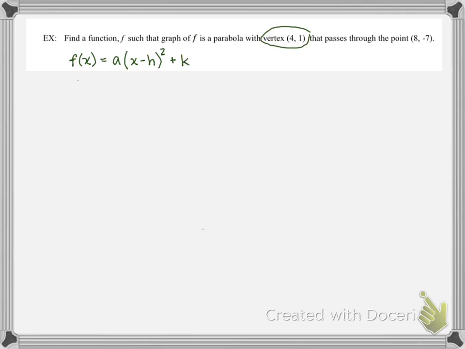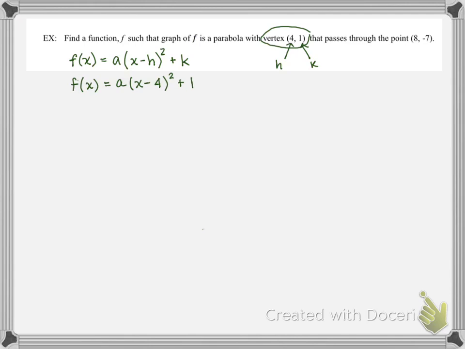So my vertex is (4, 1), which means that h is 4 and k is 1. If you get those mixed up, just like x and y, they go in alphabetical order. So h comes first and k comes second. So f(x) = a(x - 4)^2 + 1.